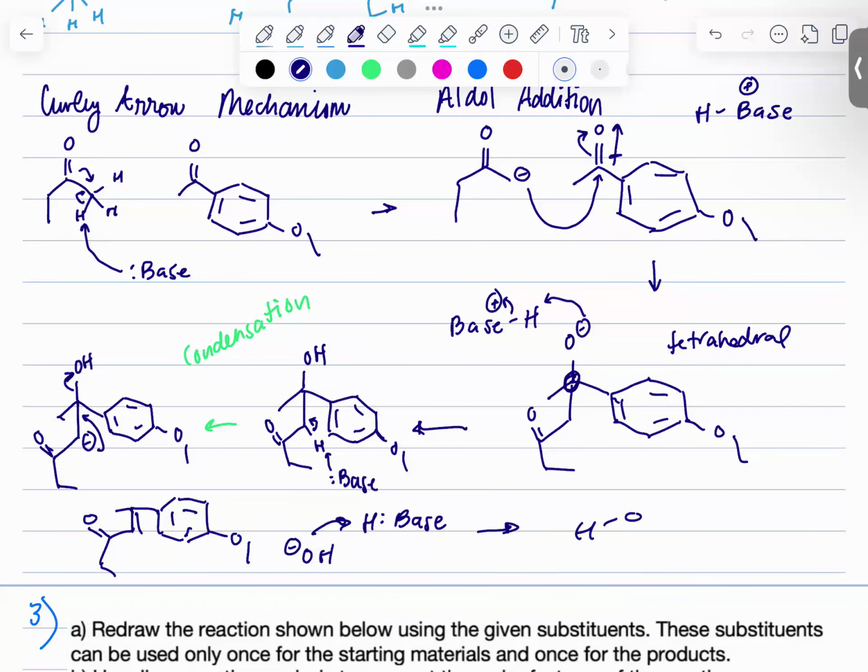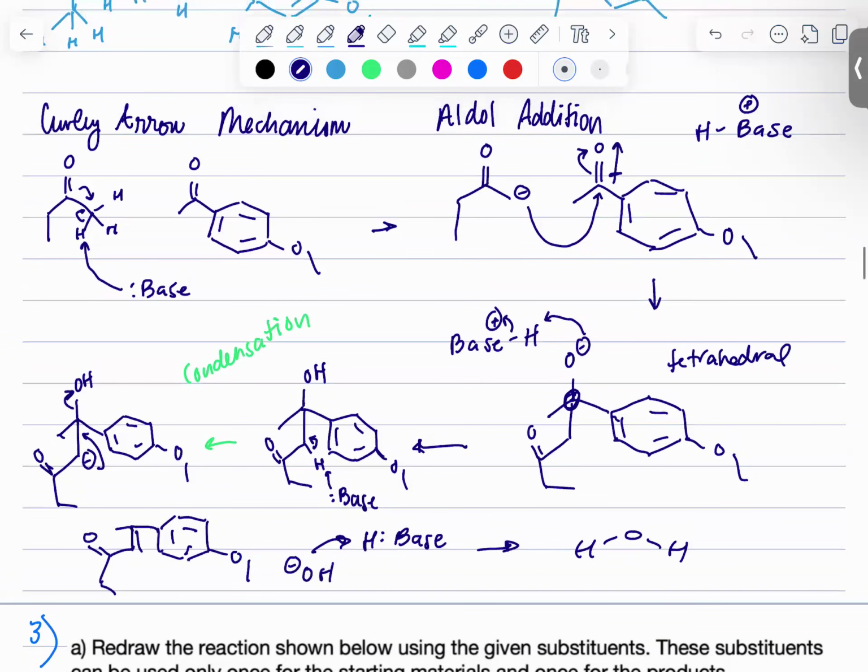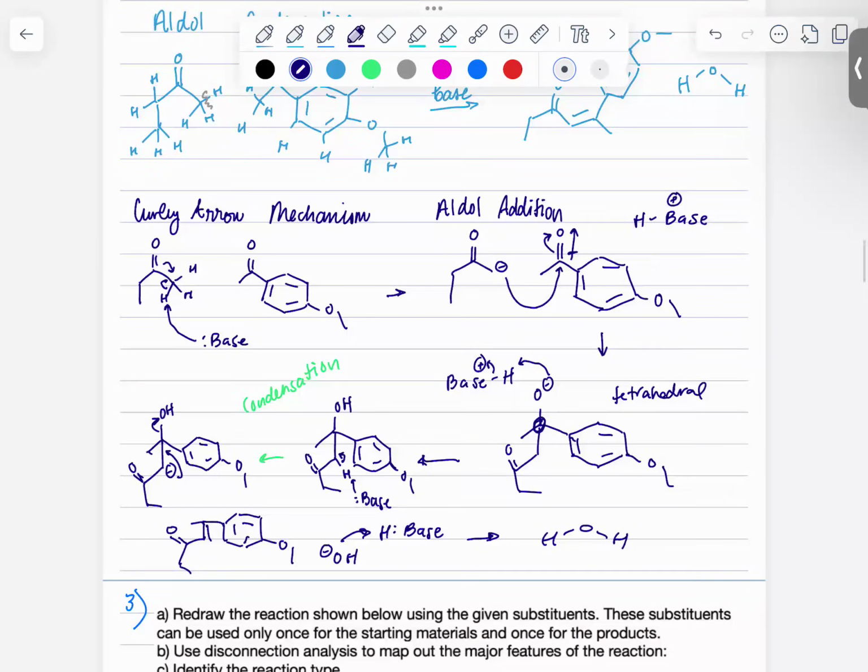And that's how we get finally to water. So aldol condensation is kind of a mix of two different mechanisms, our aldol addition and then E1CB.